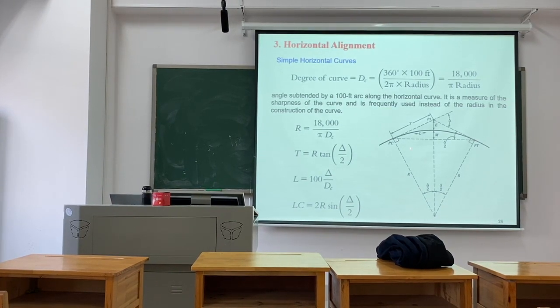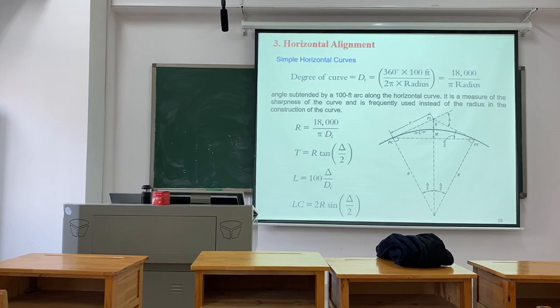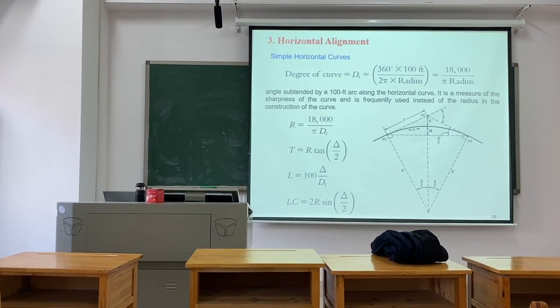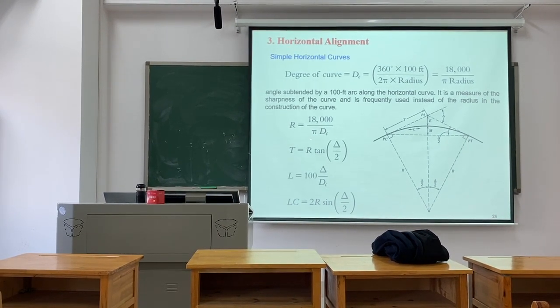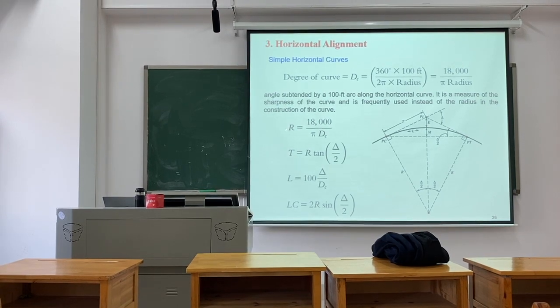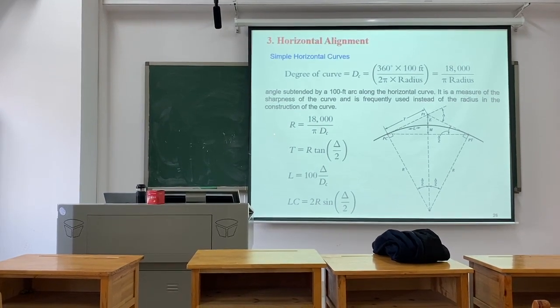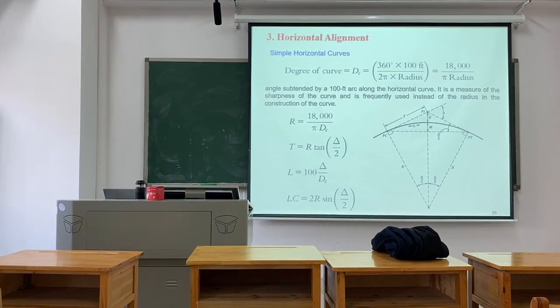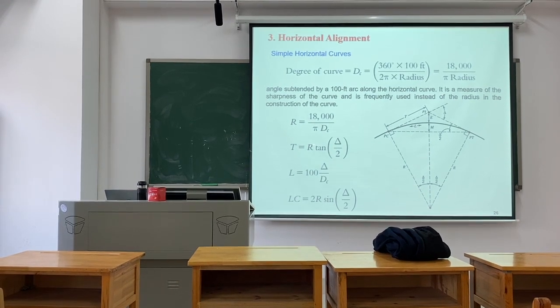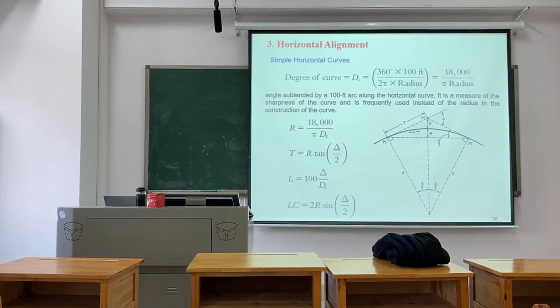So when we get DC, we can calculate R. When we know the radius, we can find the tangent.